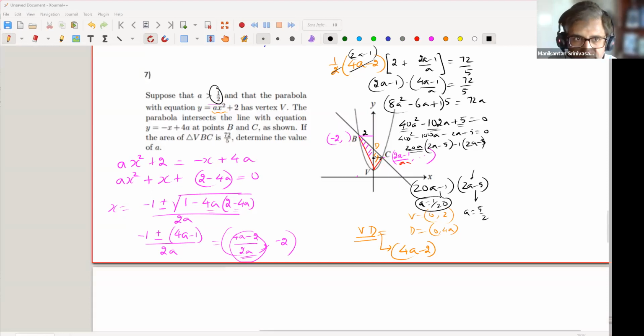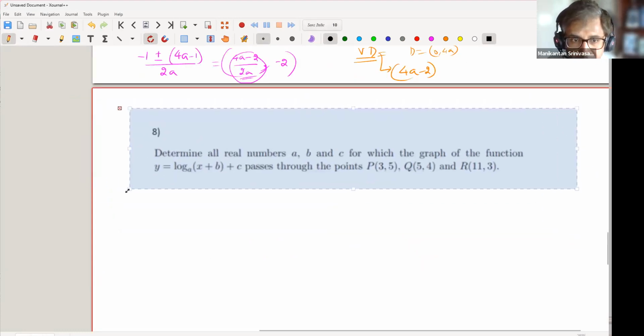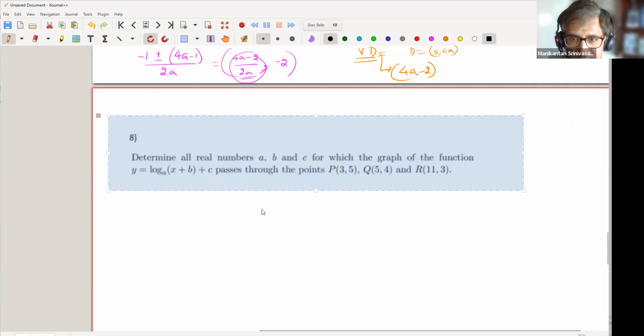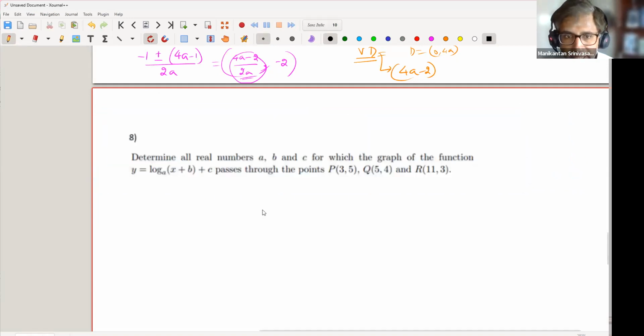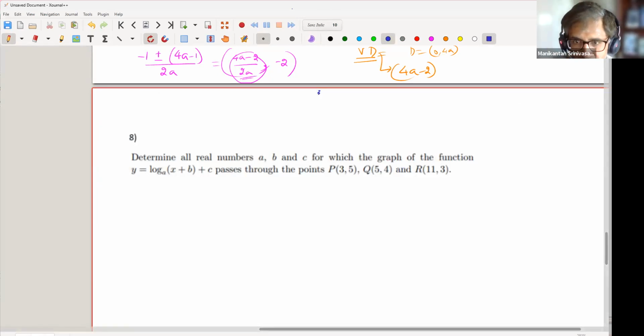Question 8. Determine all the real numbers in this case, right? So no integers. So it could be 0, negative, whatever, such that all of these three equations are met. Log of x plus b plus c. So let's start, right?